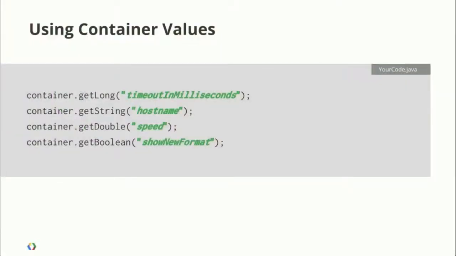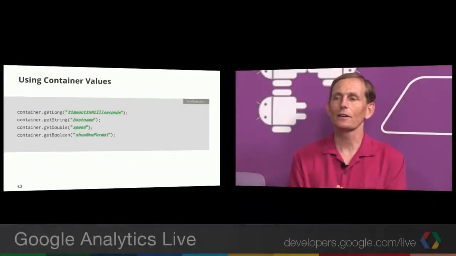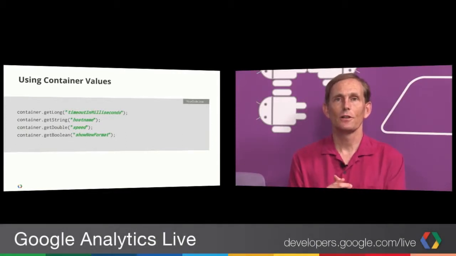Okay. Once you have a container, 4 basic calls. You can get long, get string, get double, or get Boolean. You provide a string, and it gives you back something of the same type. So if you have specified, for instance, your timeout for talking to a backend host, timeout in milliseconds, call container.getLong, and that'll return that value.